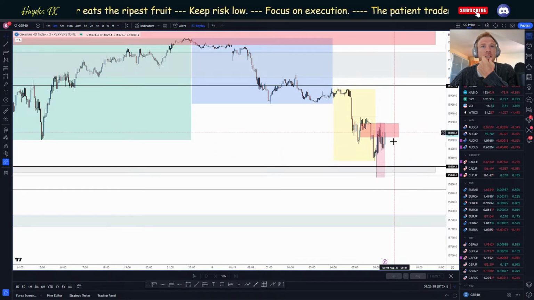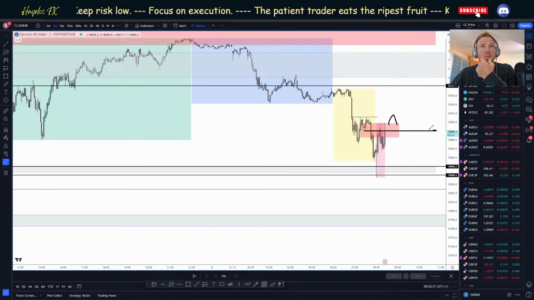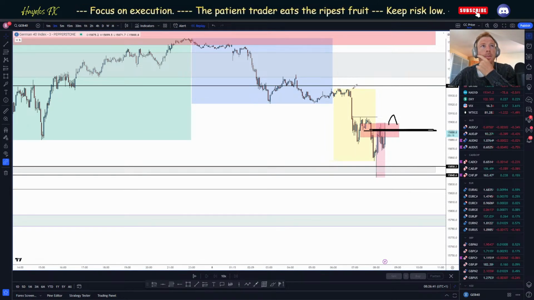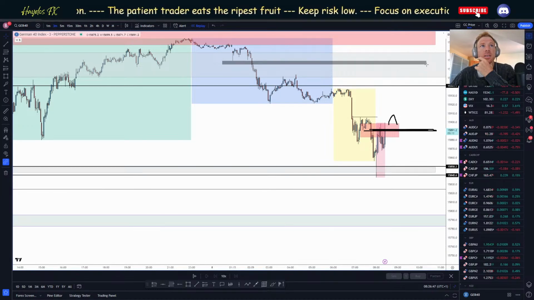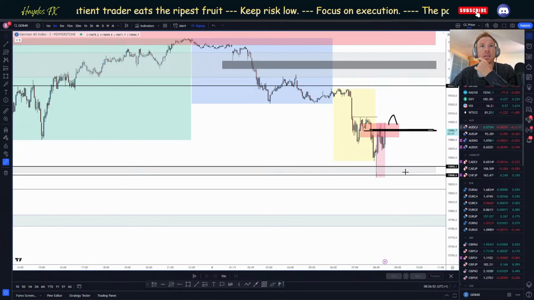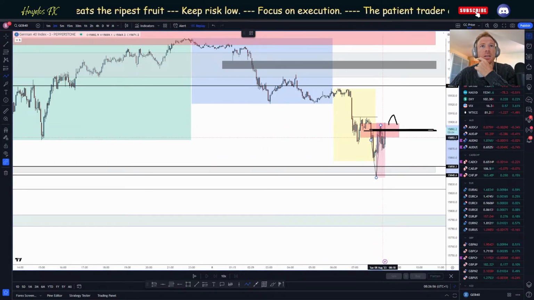But really what I want to see is price close above here, and then look to trade from this area back up to maybe this zone, maybe this area. So hopefully we can get something.